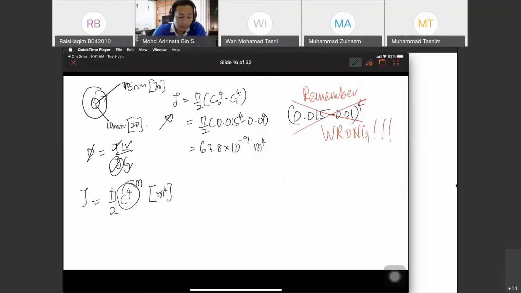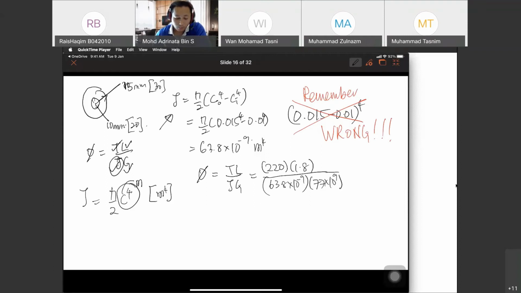Okay, then when we have our J, we can settle our angle of twist is equals to TL over JG, and we have 220 Newton meter times L 1.8 meter divided by 63.8 times 10 to the power negative 9 times G 77 times 10 to the power of 9.